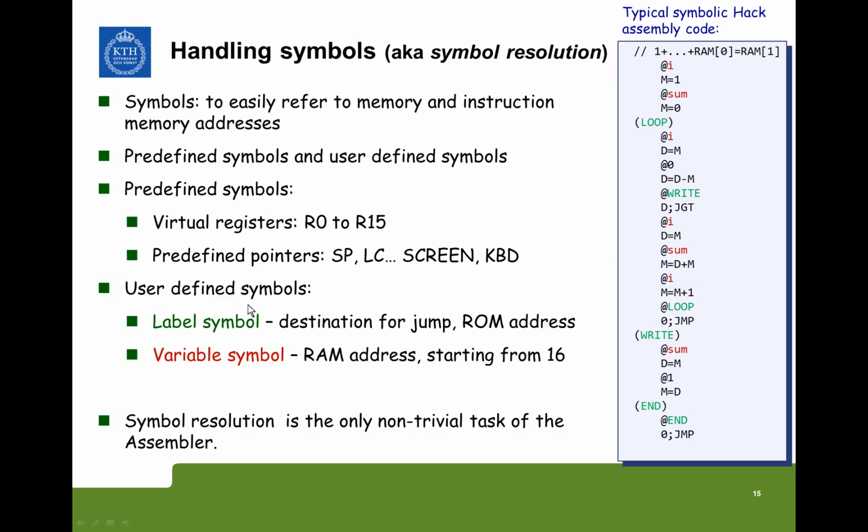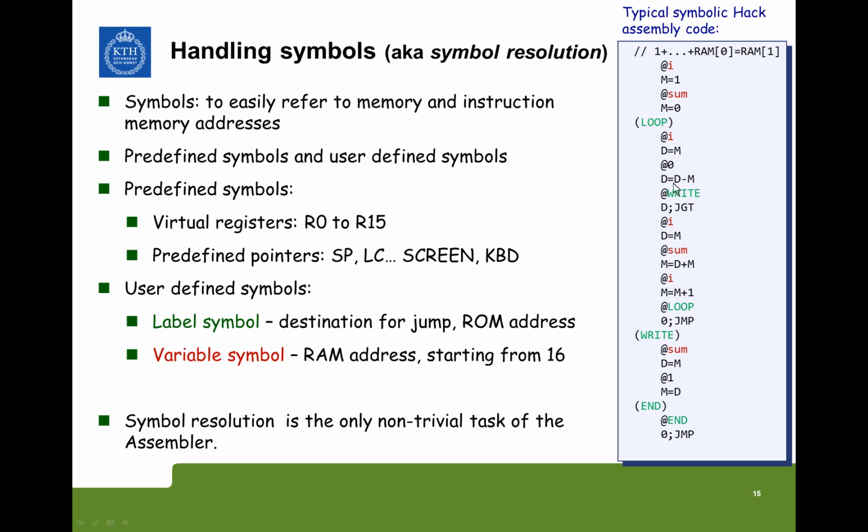Then we can have user-defined symbols: labels, which are destinations for jump instructions, that is ROM addresses, and variable symbols, which are RAM addresses. Remember, RAM addresses start from 16. Why? Because addresses 0 to 15 are dedicated for predefined symbols.